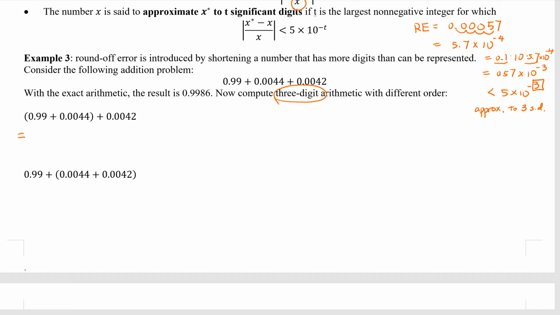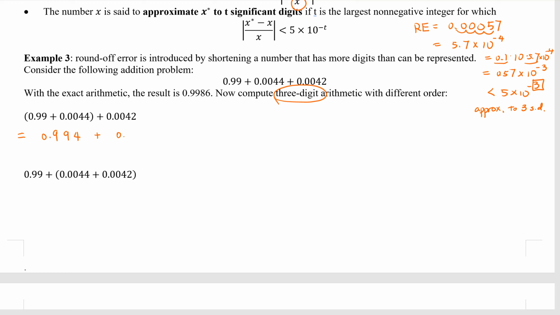Okay, so let's look at the first one, right? When we add them together, we get 0.9944, right? But because we want to keep 3 digits, we only put down 0.994.